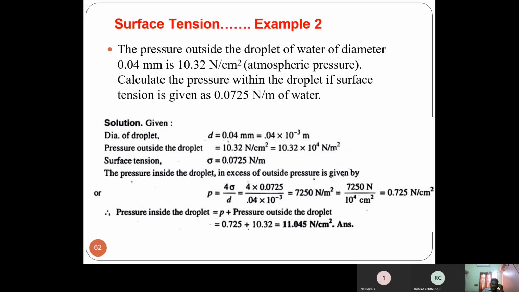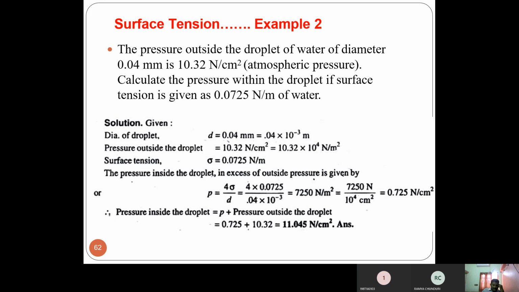What is the data given in the problem? The pressure outside of the droplet of water of diameter 0.4 mm is 10.32 Newton per centimeter square, atmospheric pressure, and calculate the pressure within the droplet if the surface tension is given as 0.0725 Newton per meter of water. The diameter of the droplet given is D equal to 0.04 mm, that is 0.4 into 10 to the power of minus 3.